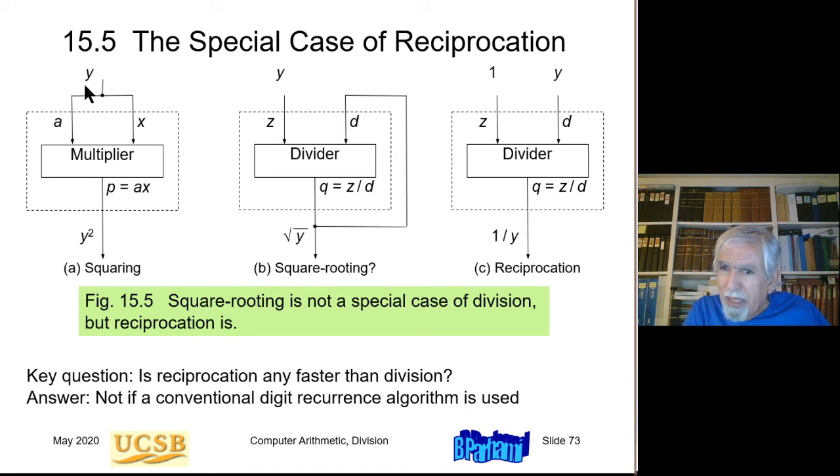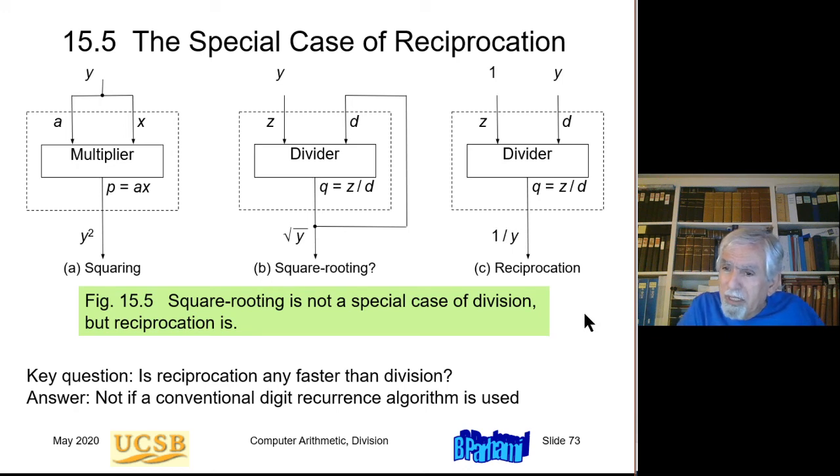See, in squaring, we have just one input that is given to both inputs of the multiplier and one output. You give it y, it gives you y squared. In reciprocation, you also have one input. The other input is a constant, 1. And then it gives you the reciprocal of y. So reciprocation can be viewed as a special case of division where one operand, z, is equal to 1.